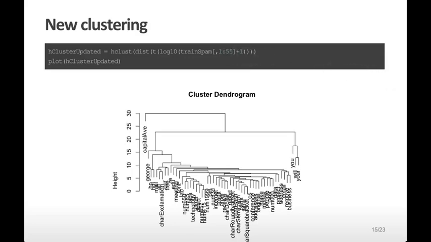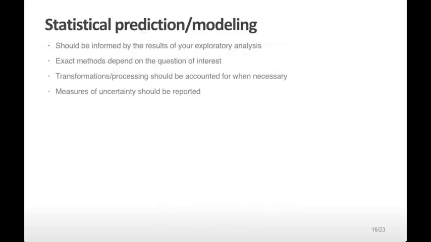Here in this dendrogram, it makes it a little bit easier to see the clusters of variables that go together. For example, you might see that email and address are very close to each other in this clustering. Don't worry about the details, but this is how the typical exploratory analysis works. You make plots, perform transformations, and identify potential problems with your data analysis.